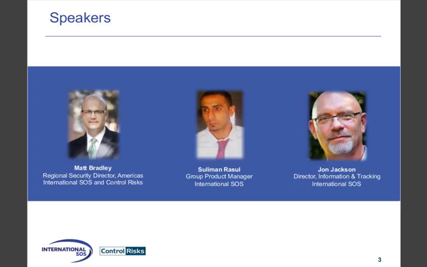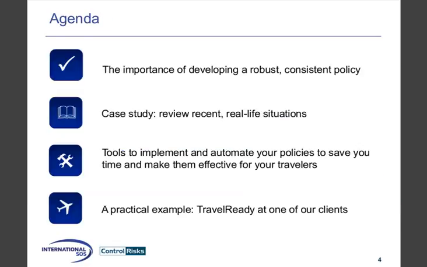Now I'd like to take you to the agenda for today's webinar. There are a number of things that we're going to be speaking to today. First of all, we're going to be talking about the importance of developing a robust and consistent travel risk policy. Next, we're going to focus on recent case studies based on real-life situations.